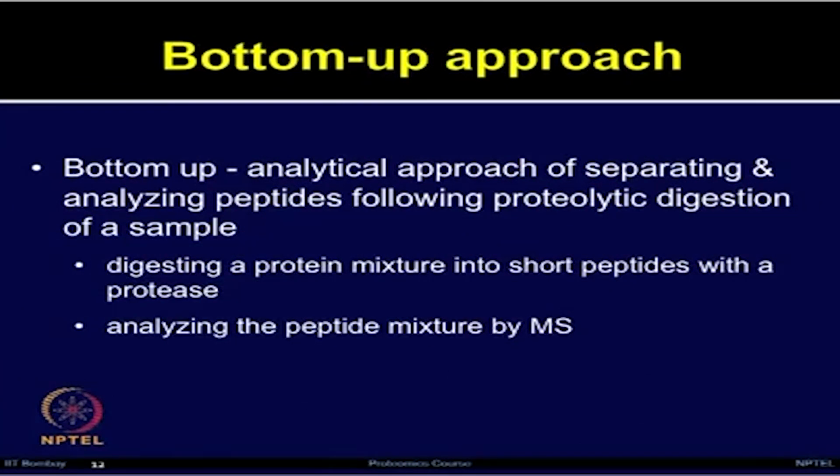So, let us now discuss what is the bottom up approach. This is an analytical approach of separating and analyzing peptides following the proteolytic digestion of a sample. Let me give you the various steps involved in the bottom up approach.